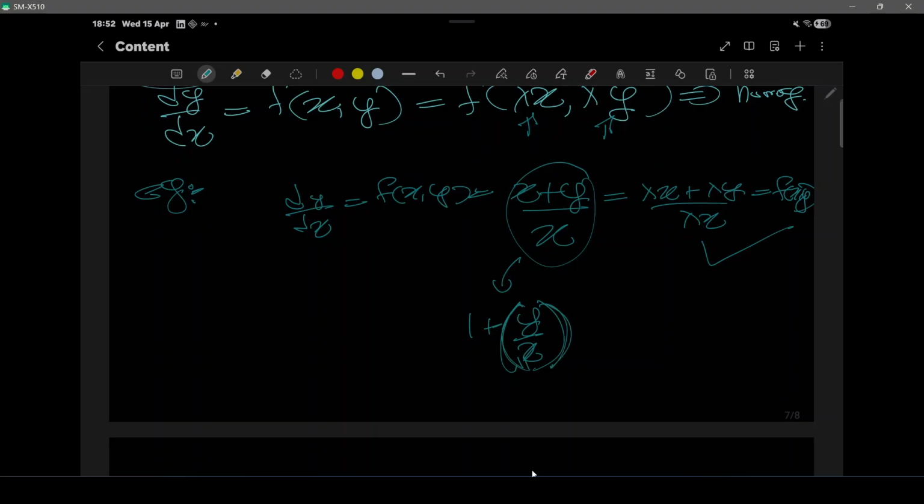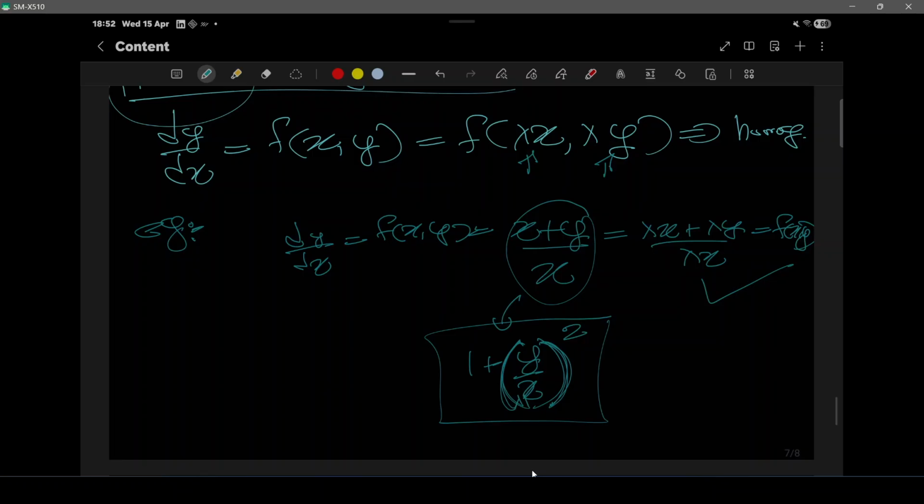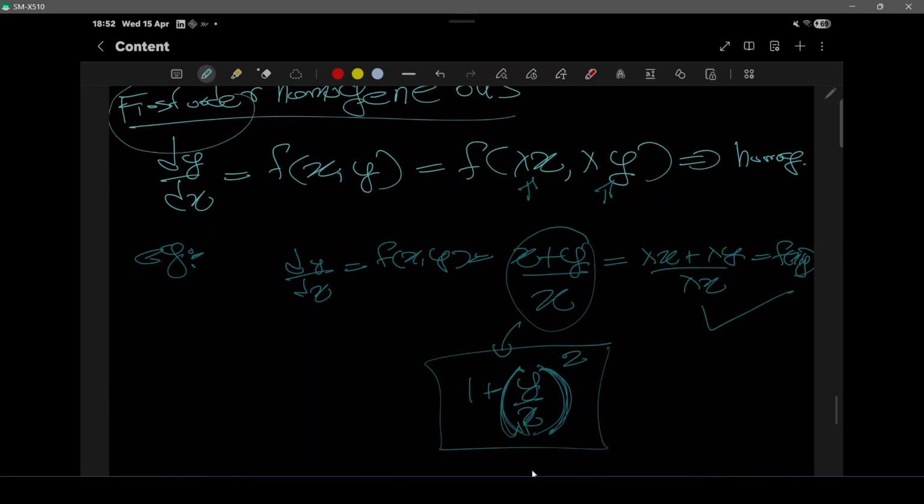That means the whole equation can be written in terms of y over x, or maybe in another problem y over x squared. So in this first order homogeneous type, the equation can be written in y over x terms. It is the same meaning as f(λx, λy) equal to f(x,y).